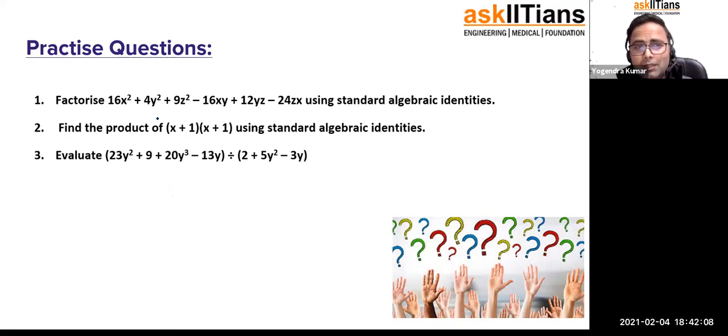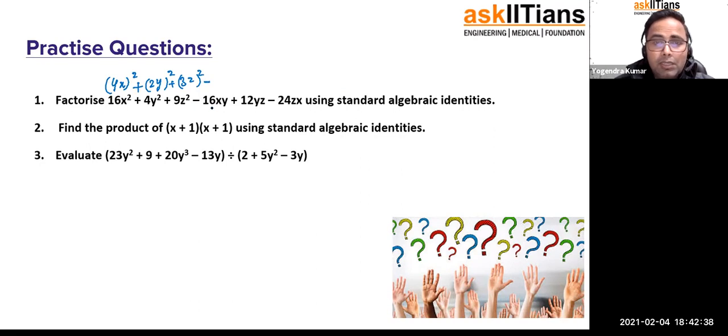Now you can see it is related to which particular identity. Can you see the expression here? Can I give you a hint? Can I write here 4 times x square, then 2y square plus 3z complete square minus.